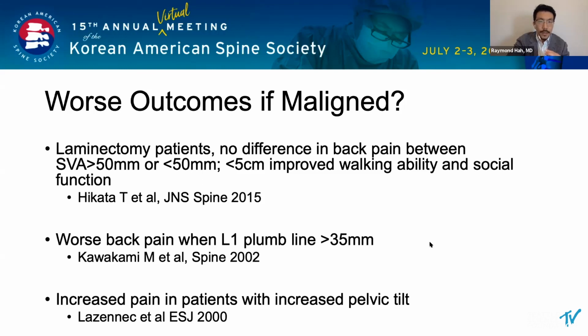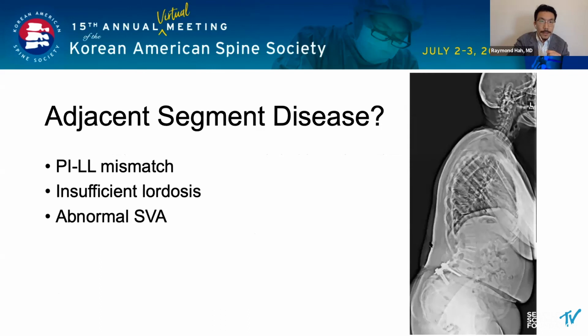But actually, most of the literature certainly is based on truly deformity patients, and degenerative literature is actually a bit lacking. What about leaving somebody malaligned and creating adjacent segment disease? Certainly PI-LL mismatch, insufficient lordosis, and abnormal SVA have been implicated, both in short segment and long segment, as a risk factor for adjacent segment disease.